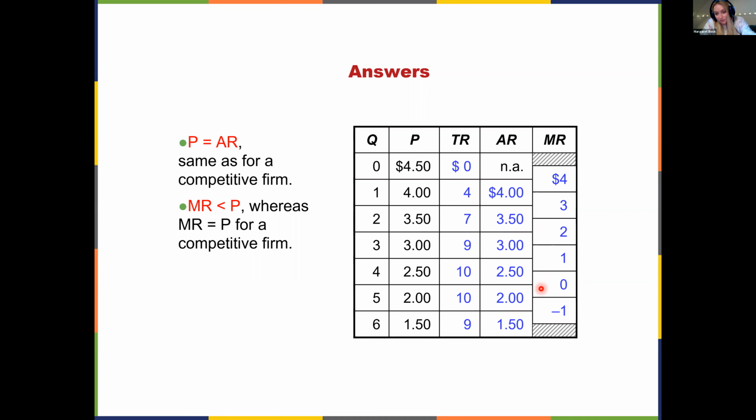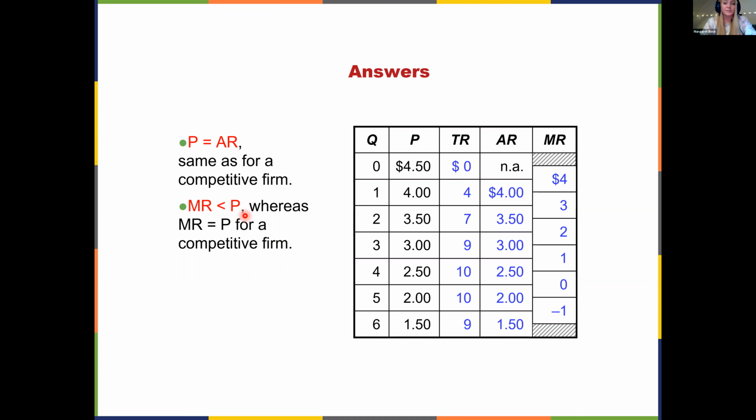We can continue this pattern all the way through, and we see that marginal revenue here actually turns 0 and even negative. We'll come back to this point in a second. But we can quickly see that the relationship between price and marginal revenue for a monopolist is very different than for a perfectly competitive firm.